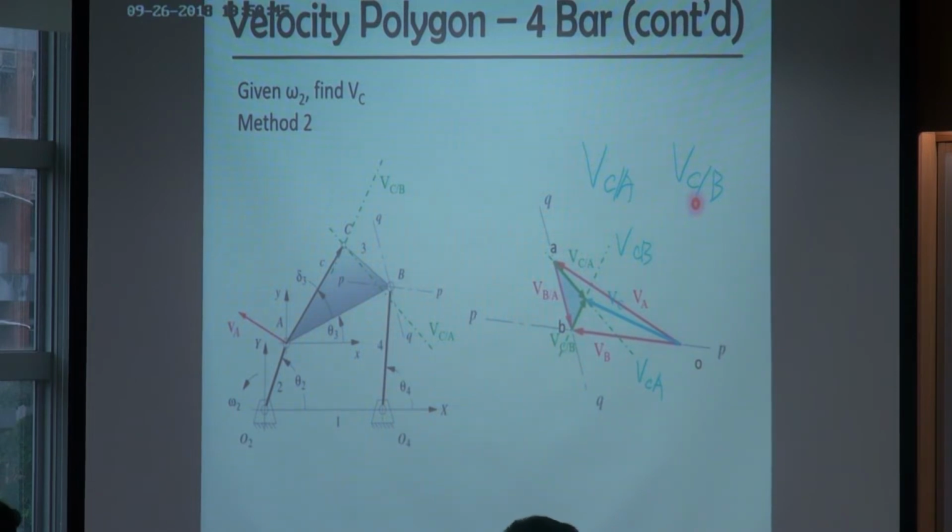So you may figure out there's a faster way to find this VC. Because we already know this triangle and this triangle are similar, if I go back to this step, once I find this VBA, I can just draw a similar triangle, similar to this one, and the endpoint of this triangle is going to be point C. You don't even need to draw the other two lines.